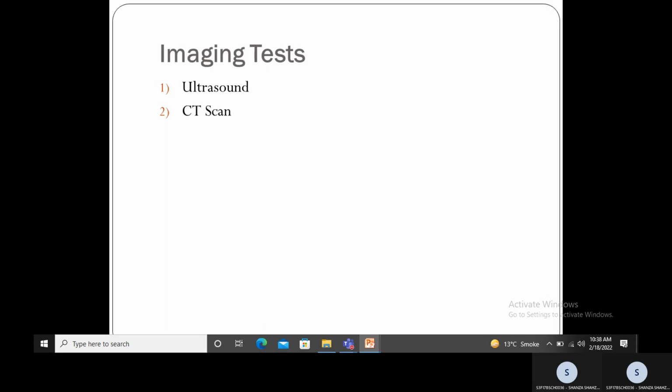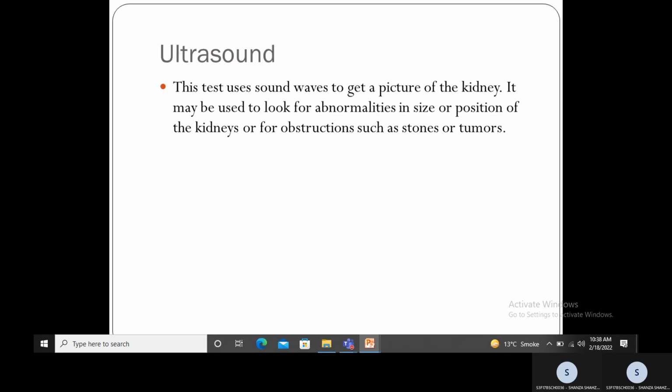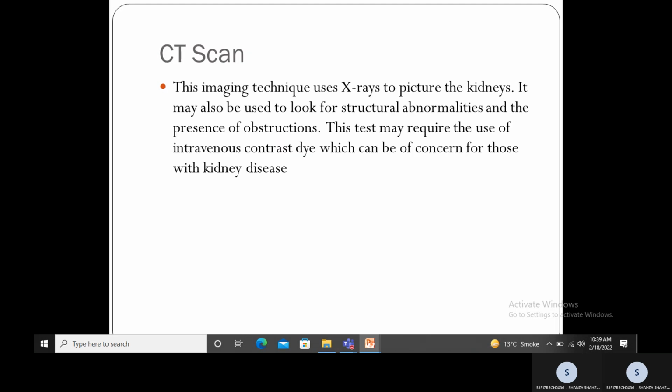Imaging tests are the ultrasound and CT scan. Ultrasound is a test that uses sound waves to get a picture of the kidney. It may be used to look for abnormalities in the size or position of the kidney or for obstruction such as stone or tumor. CT scan is an imaging technique that uses X-rays to picture the kidney.